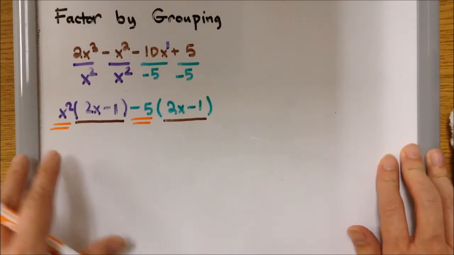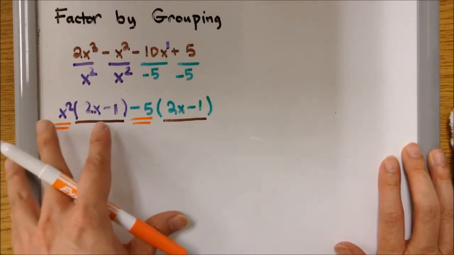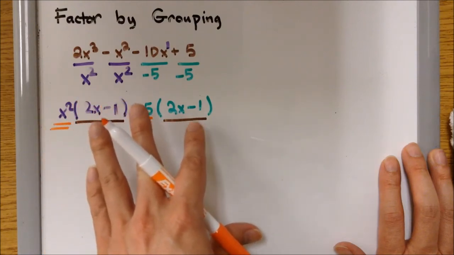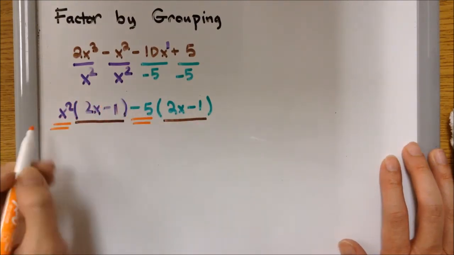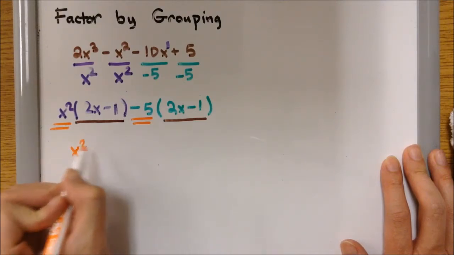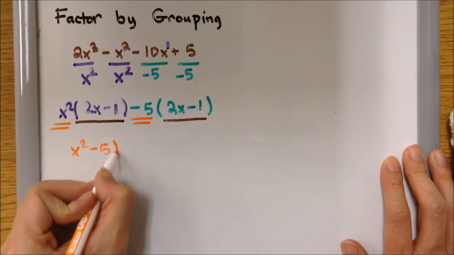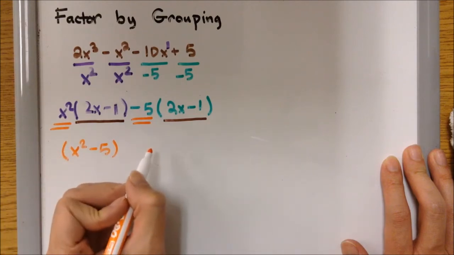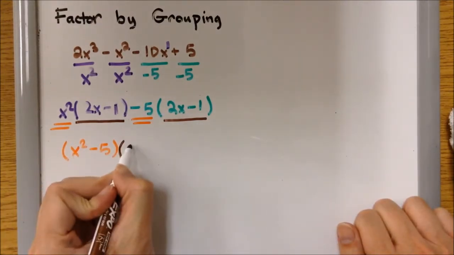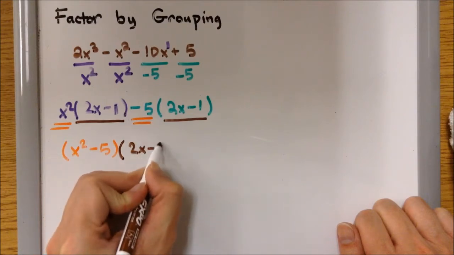So instead of x squared times 2x minus 1 and then minus 5 times 2x minus 1, the ones on the outside will be grouped together as x squared minus 5 in parentheses, and then the ones that I underlined, the ones that have exactly the same terms, would be 2x minus 1.